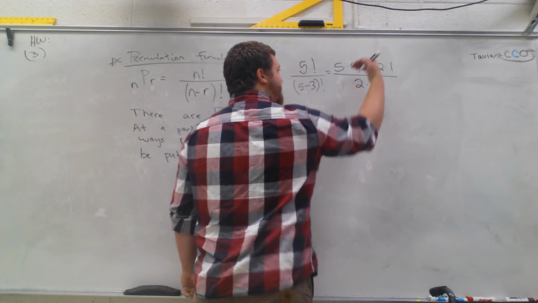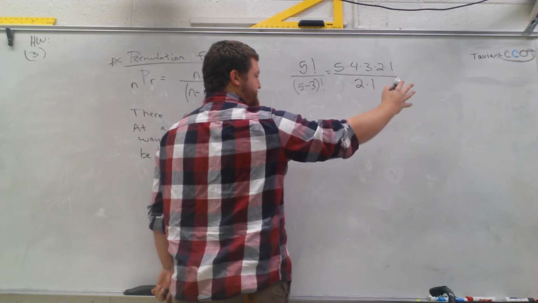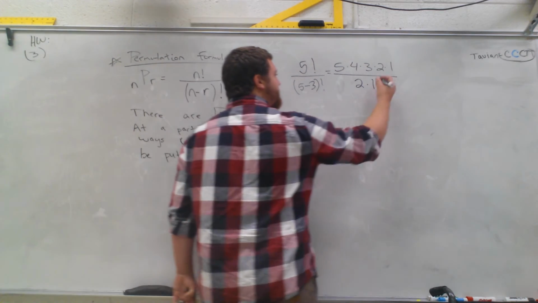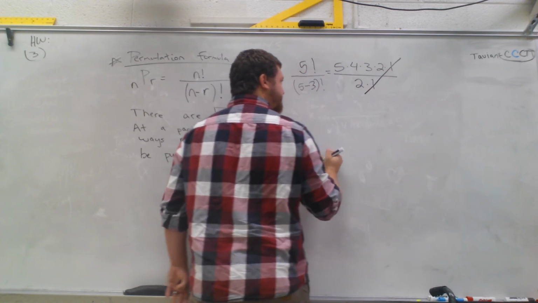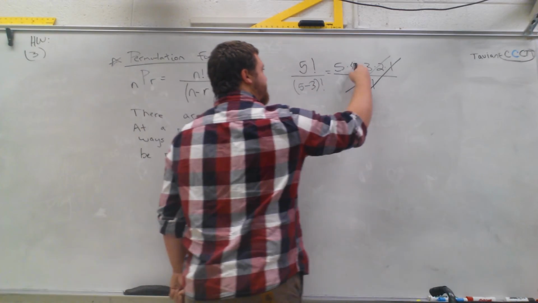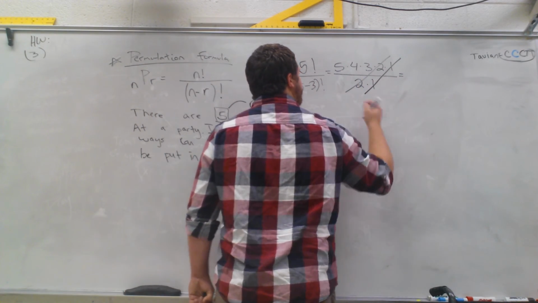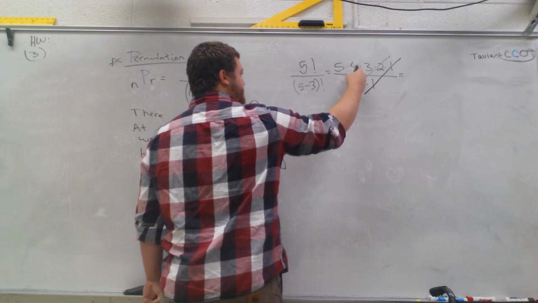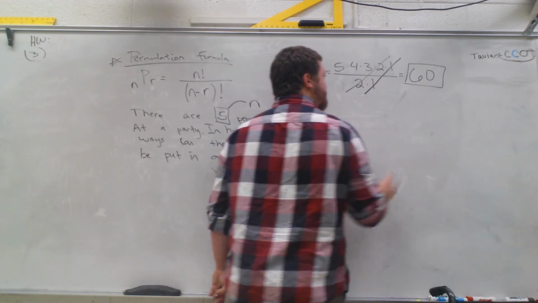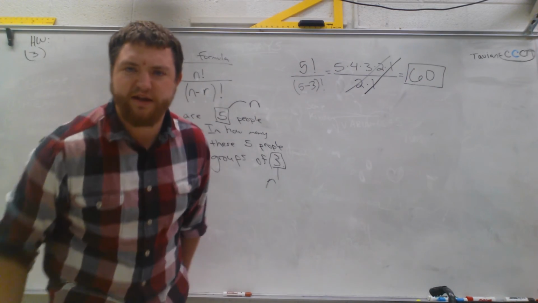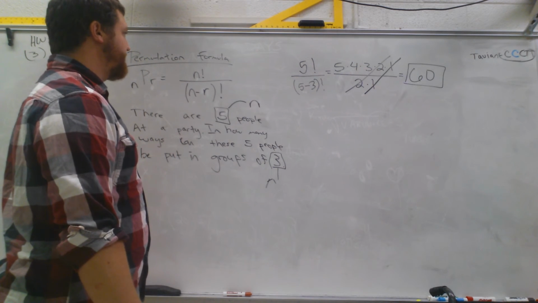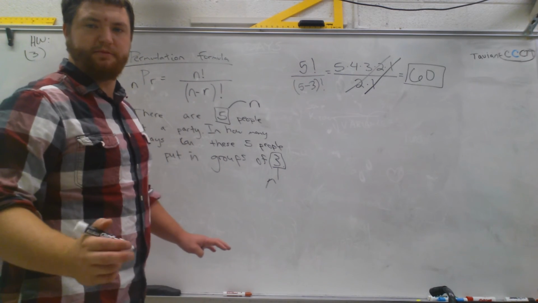What happens when you're doing a division problem and you have everything multiplied, and you have something over top of itself? It cancels out. So these 1's cancel out, and these 2's cancel out. All I do is 5 times 4 times 3, and it gives me my answer. 5 times 4 is 20, and 20 times 3 is 60. Can you see that? Yes, you can. Beautiful. That is a permutation problem.